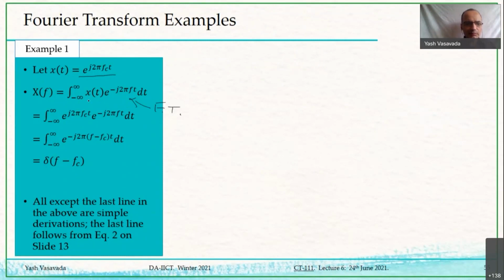In that, I plug in the value of x of t, which is this complex exponential. And you can see how I went from this line to this line. It's just a simple simplification.